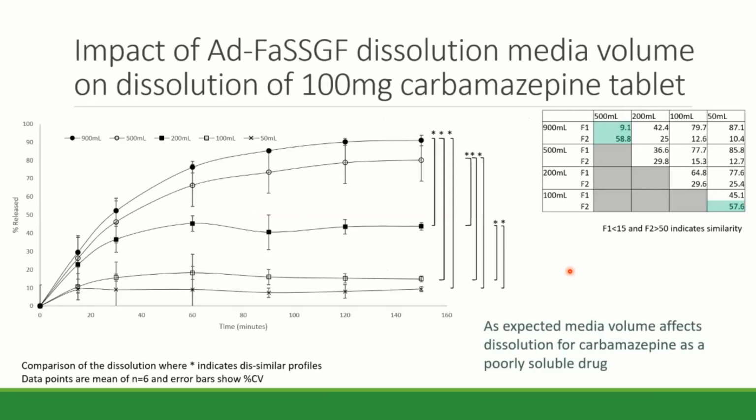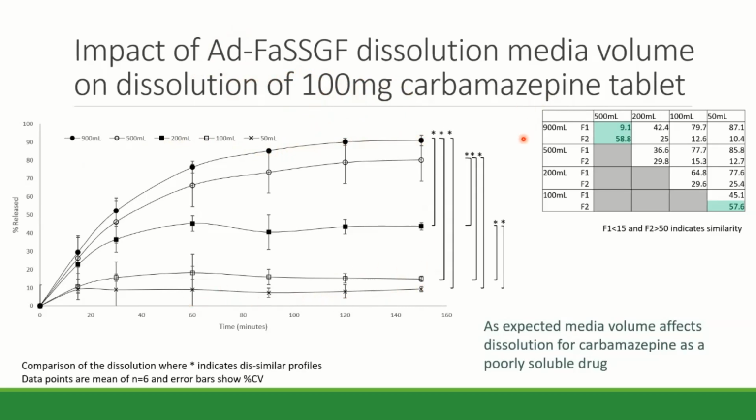So this is a data-heavy slide, and I'm going to just spend a moment talking through it. In this slide, we are looking at the effect of dissolution volume from 900 to 50 millilitres using the adult gold standard fasted state simulated gastric fluid on the 100 milligram carbamazepine tablet. We can see here at the highest dissolution volume, we're getting the most complete dissolution compared to the 50 millilitres here at the bottom.